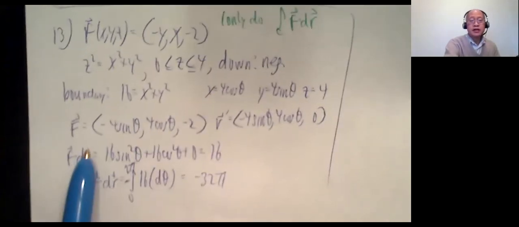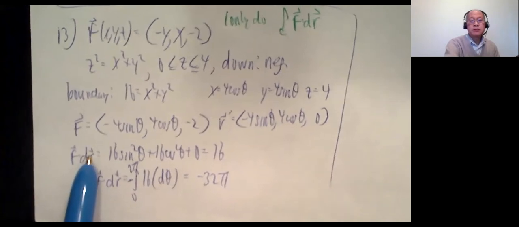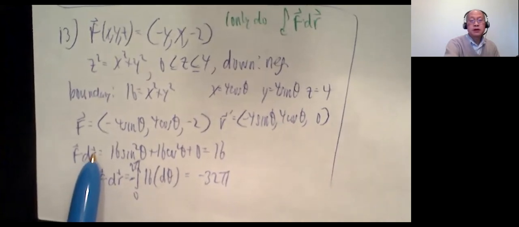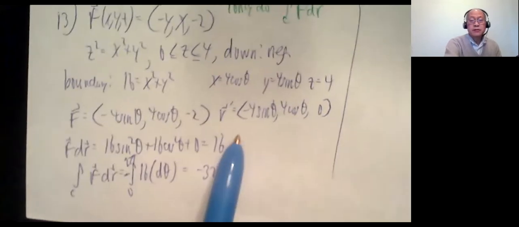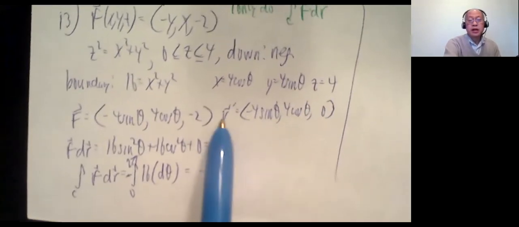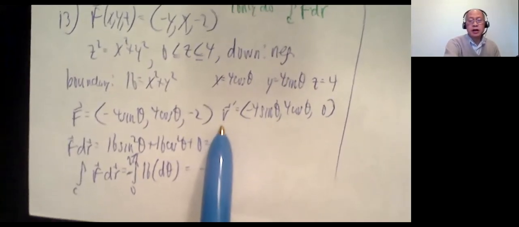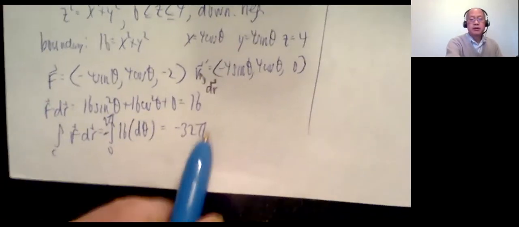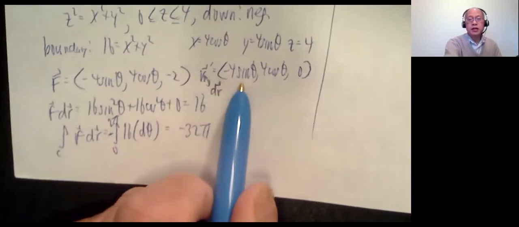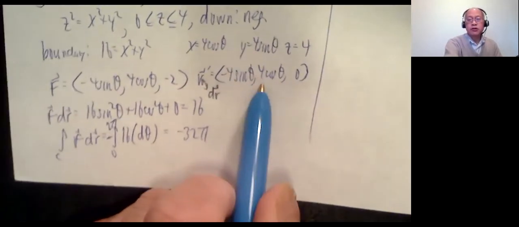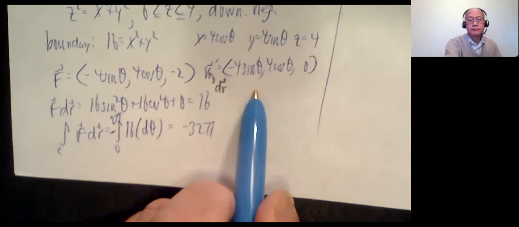Then I want F dot dr, so I need r prime, which is the same as dr. The derivative of the first is negative 4 sine theta, the derivative of the second is 4 cosine theta, and the derivative of 4 is 0.